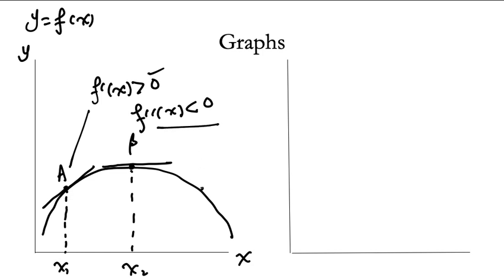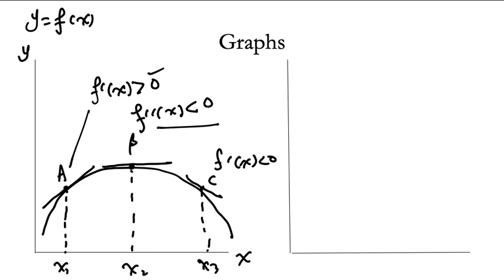If we pick another point here and draw the tangent line at point C, the slope is decreasing. Let's call this one x3. What happens here is that it is also concave, isn't it?